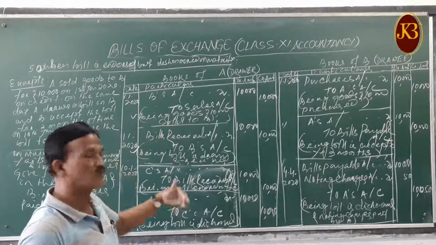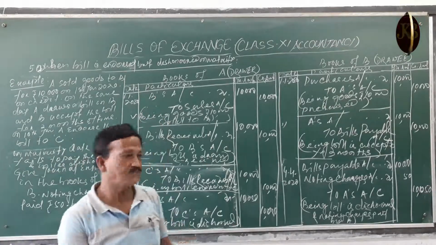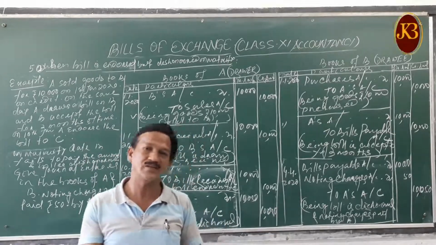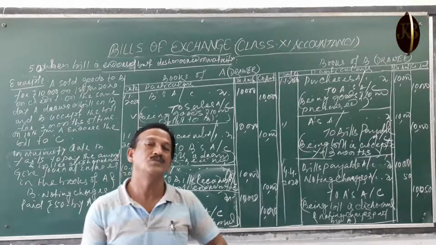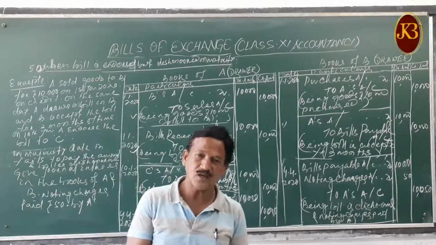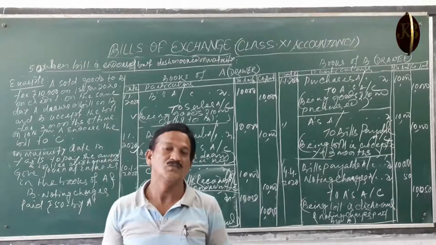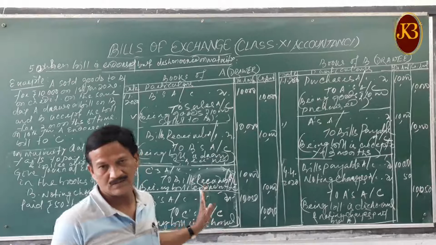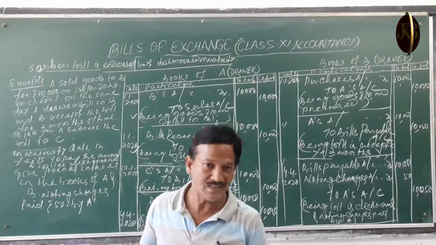A. So in the books of C, the first entry is that the bill is endorsed, so bills receivable account is debited to A's account. Then he will do the journal entry, A's account debited, to bills receivable account, to cash or bank account. So this is the entry done by the endorsee.